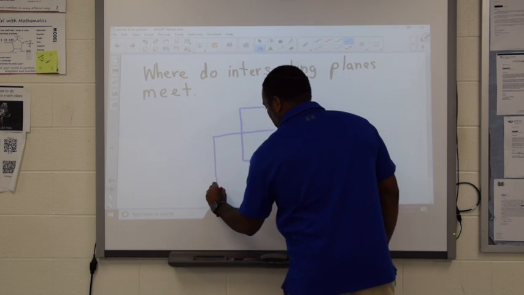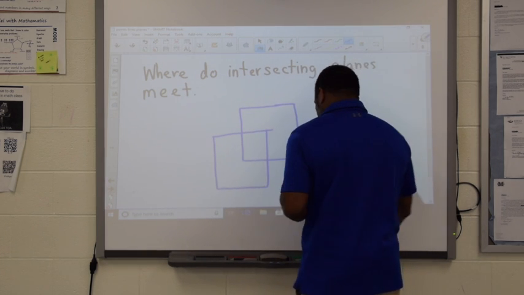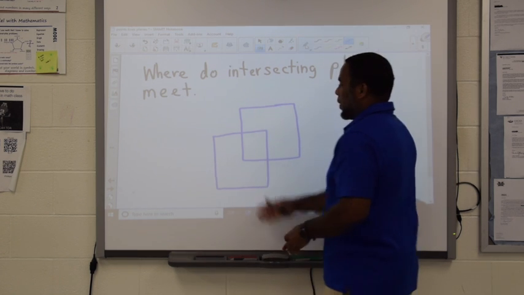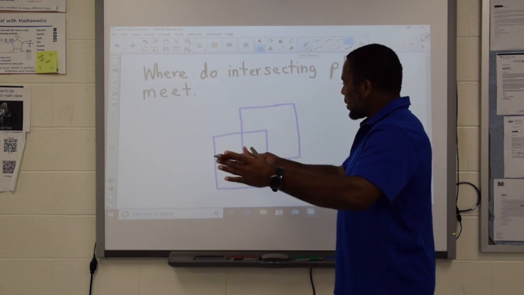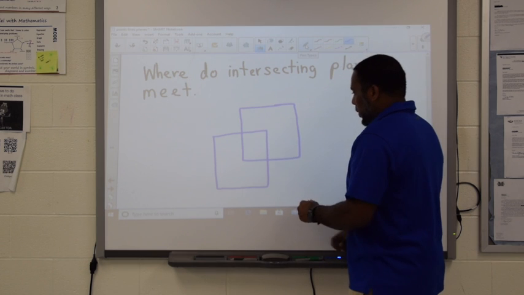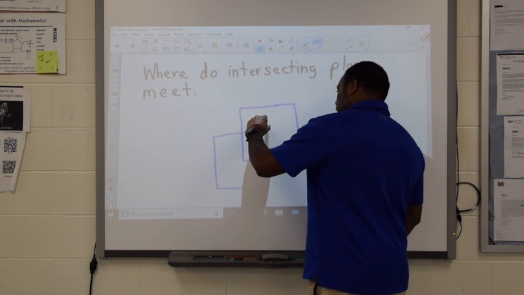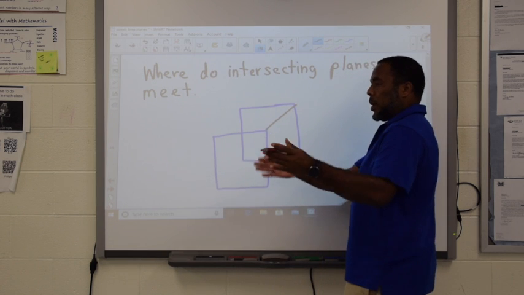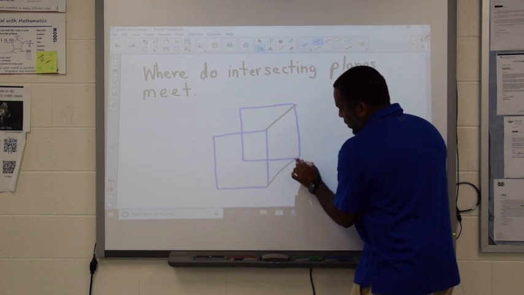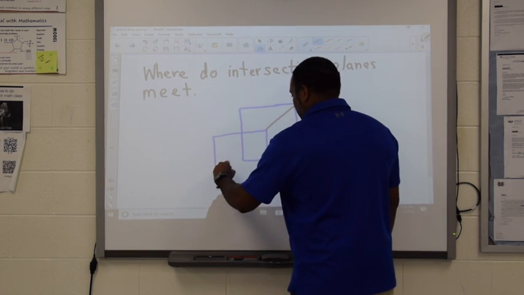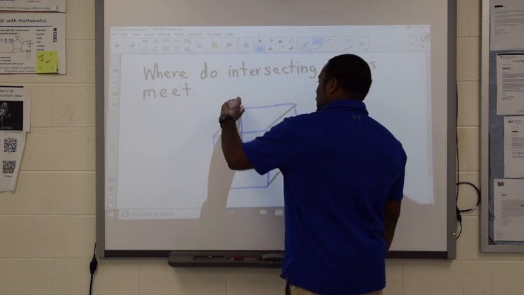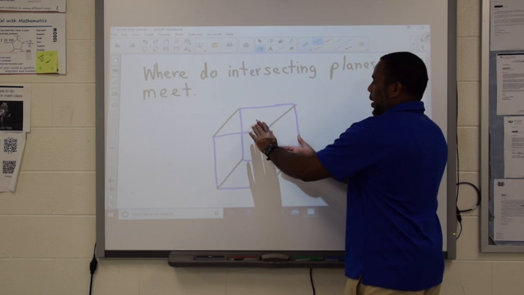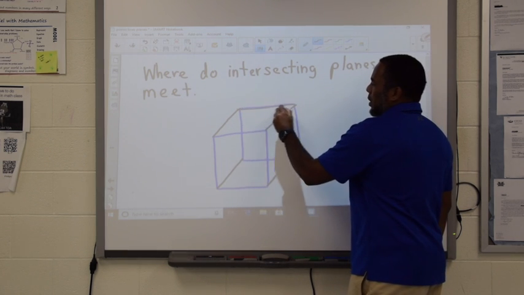So at this point, we have the front of a box and the back of a box, and we are going to see where they intersect. Sorry, I guess these don't intersect. We have two parallel planes. But the top of the box and the back of the box are going to intersect here.